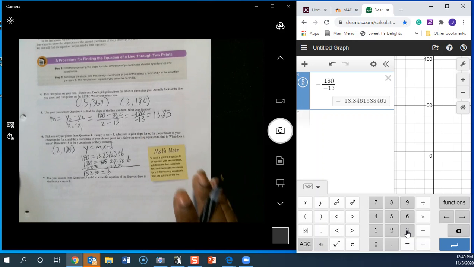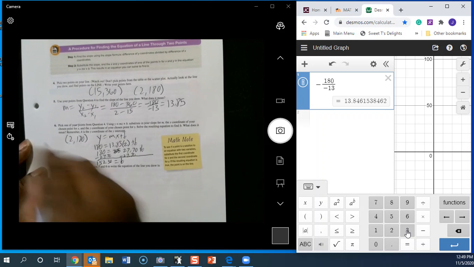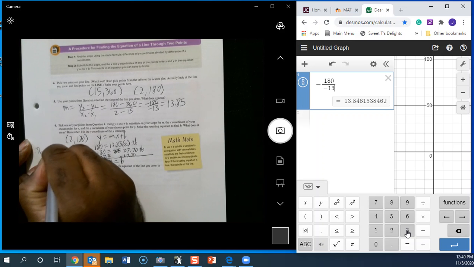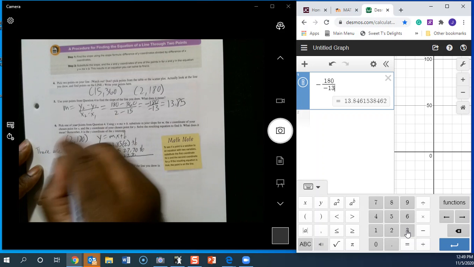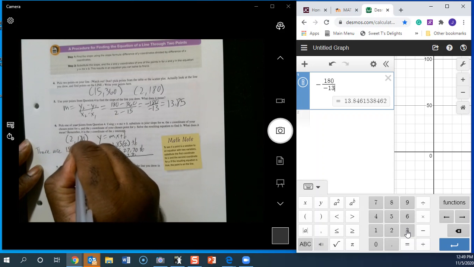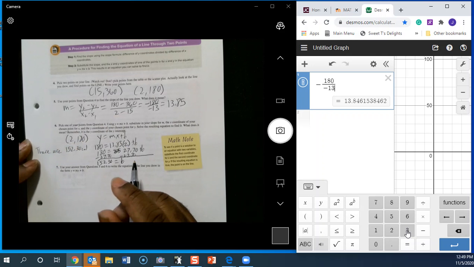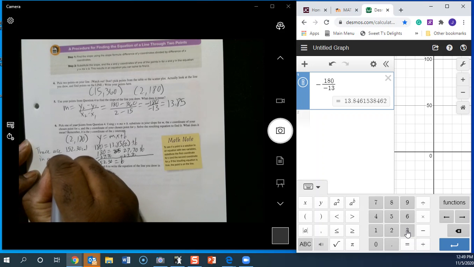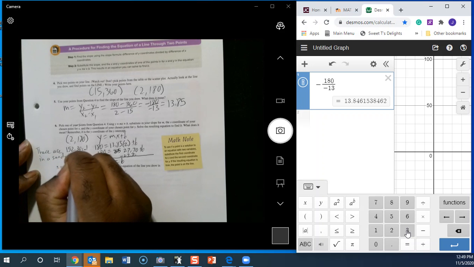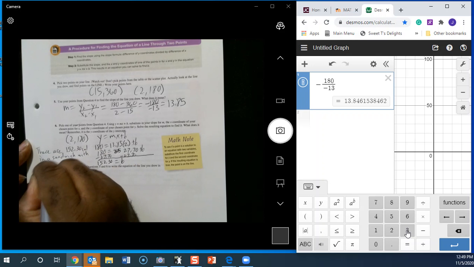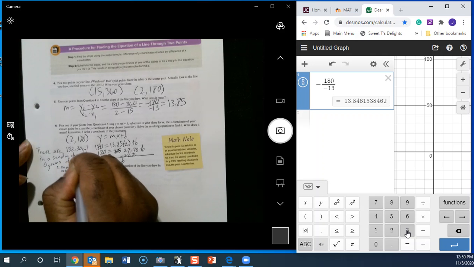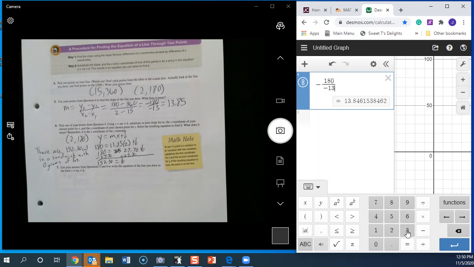What this actually means is that there are 152.30 calories in a sandwich with 0 grams of fat. That's what that means. All right.